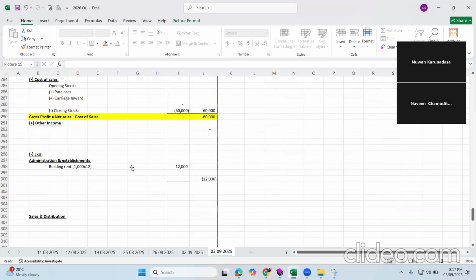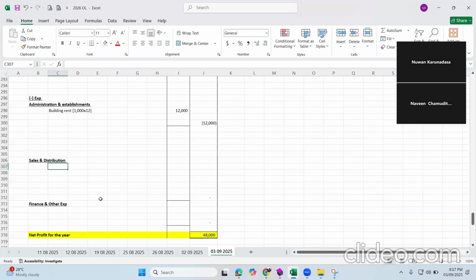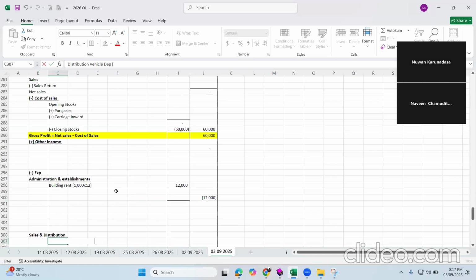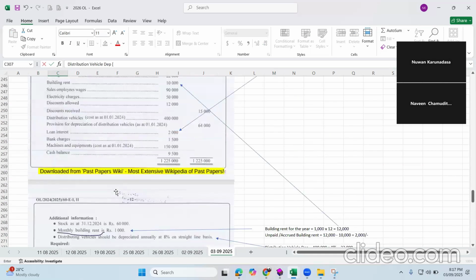Then under the sales and distribution expense, distribution vehicle depreciation, how do we calculate? Cost into 8%. 400,000 into 8%, easy.